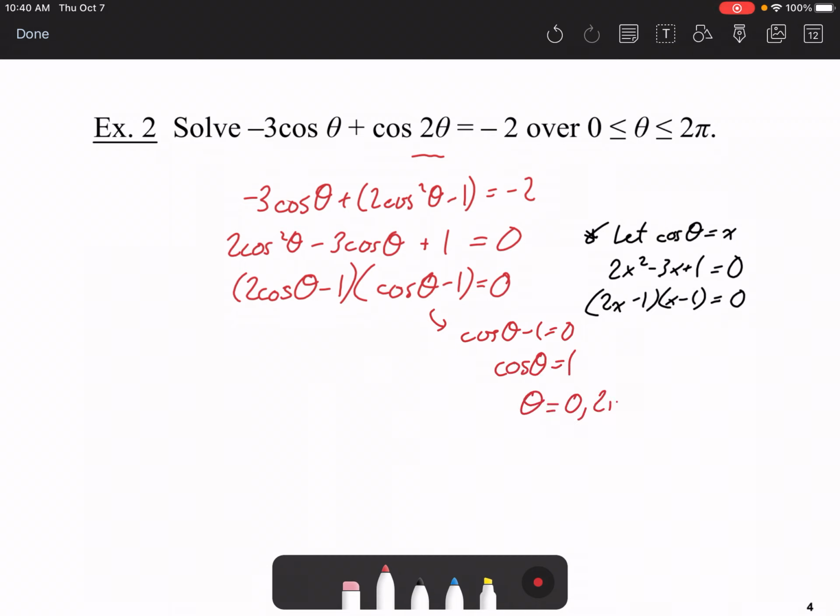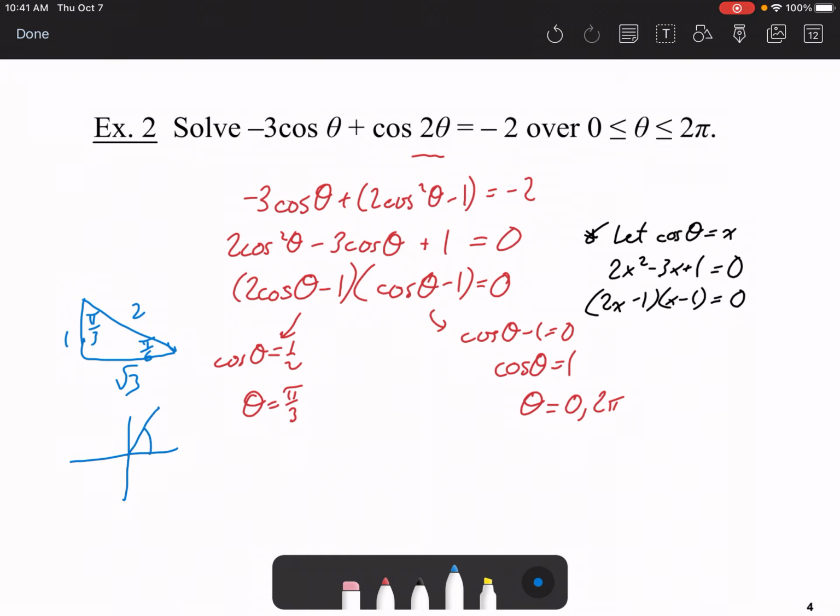So this is 0 and 2 pi. That one's the easy one. This one, I remember a special triangle. So theta, in this case, is pi over 3. But again, I also remember my CAST rule.